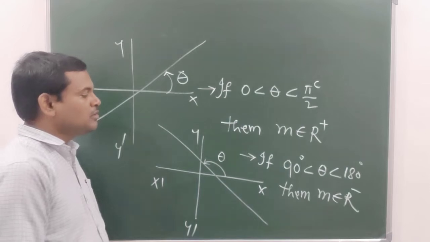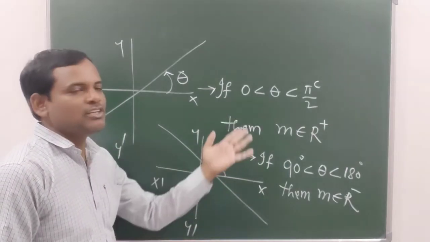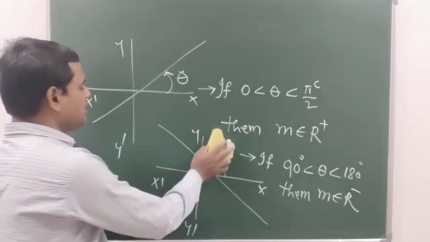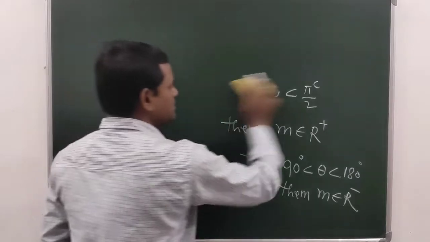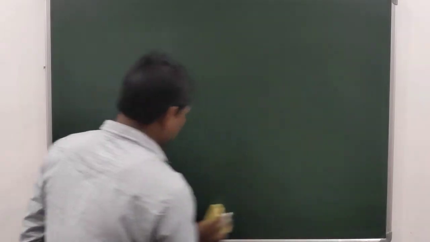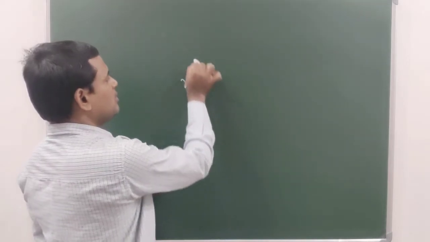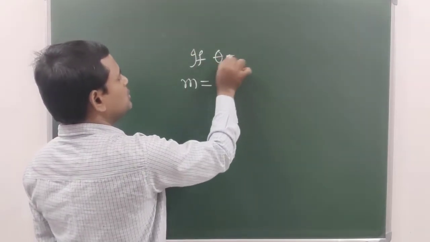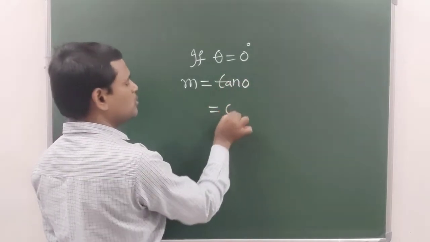As I said, the inclination also can be 0. When theta is 0, the slope of the straight line is equal to 0, because if theta is equal to 0 degrees, then tan 0 is equal to 0.